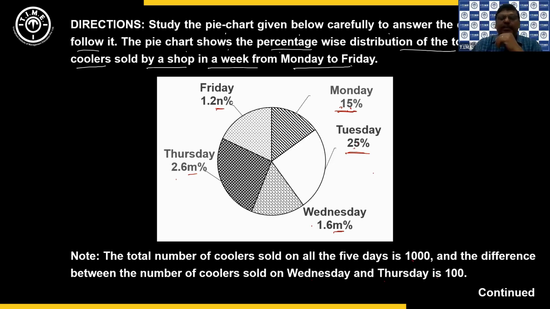It's very easy to find M because the last point, Wednesday and Thursday, the difference is 100. That makes your job so easy. Aishwarya says 115. Check once again, you're almost there. Is it 100 or 10?